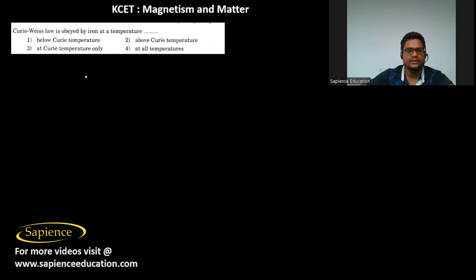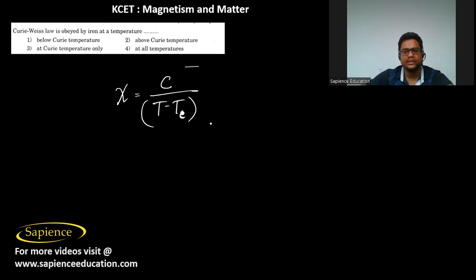So here it is told that the Curie-Weiss law is obeyed by iron at a temperature. The Curie-Weiss law gives the magnetic susceptibility chi as C by T minus Tc, where Tc is called the Curie temperature.